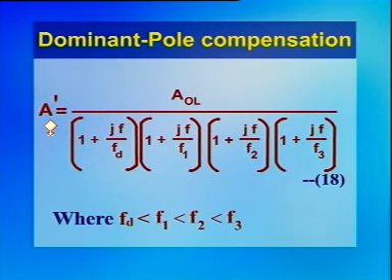Substituting the expression for A in the above equation, we get A prime equal to AOL by 1 plus jf by Fd into 1 plus jf by F1 into 1 plus jf by F2 into 1 plus jf by F3. Here Fd is less than F1, less than F2, less than F3.